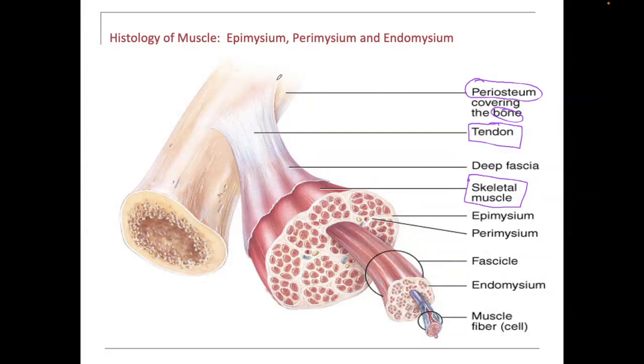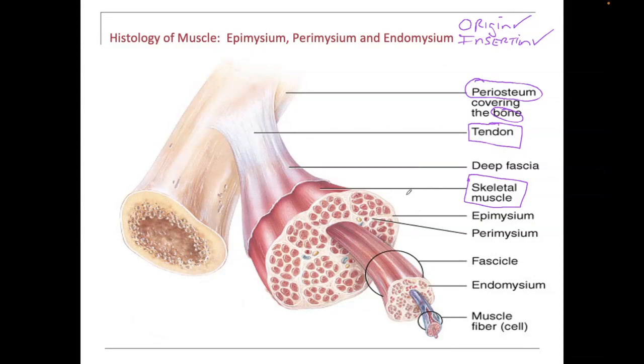Muscle attaches to bone by way of tendons. We know that the proximal attachment is the origin, and the more distal attachment is called the insertion. We know the origin is the part that stays still, and the insertion is the part that typically moves.